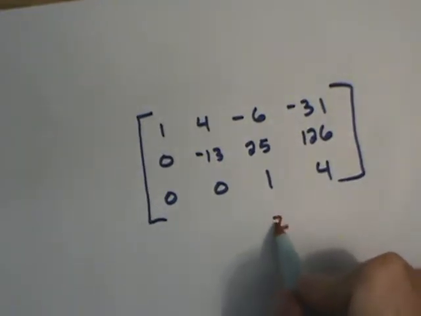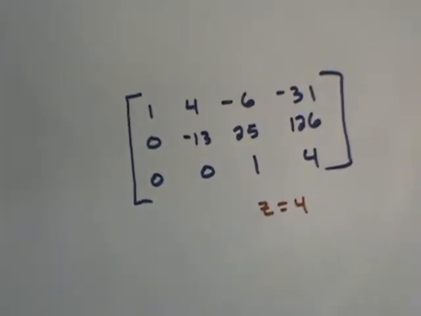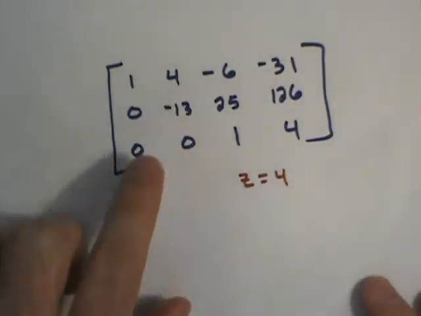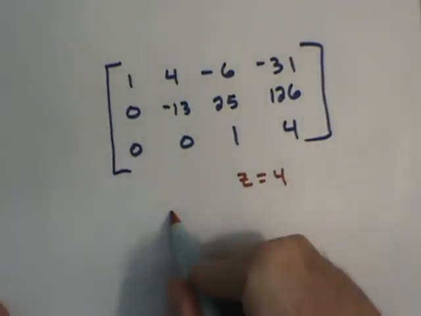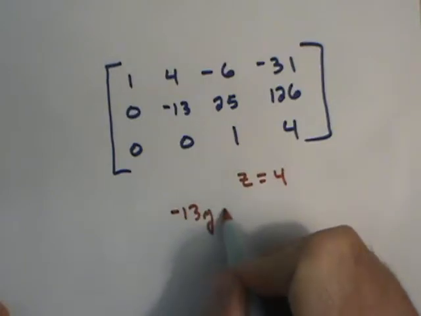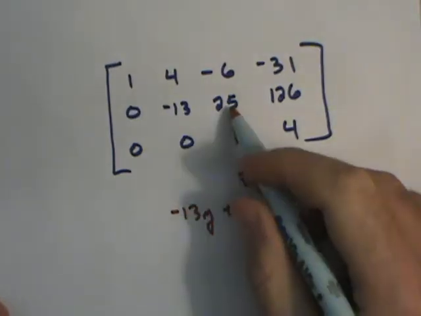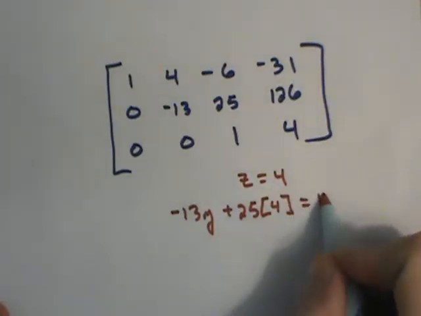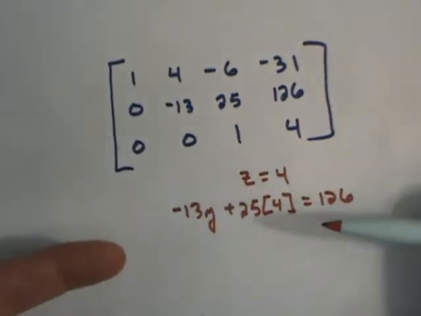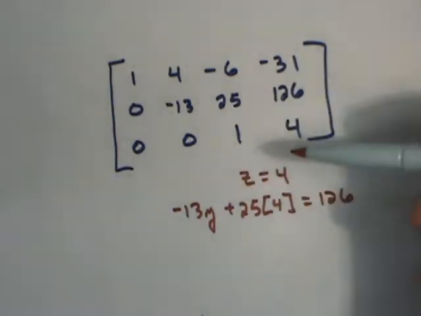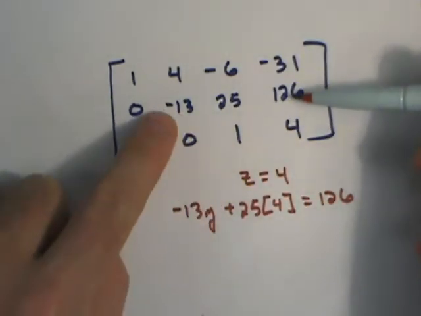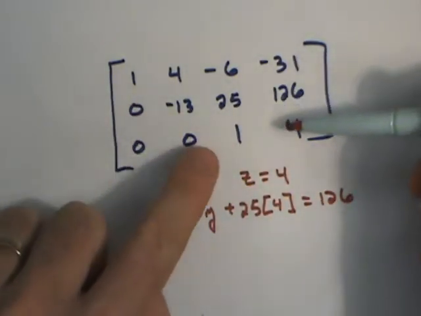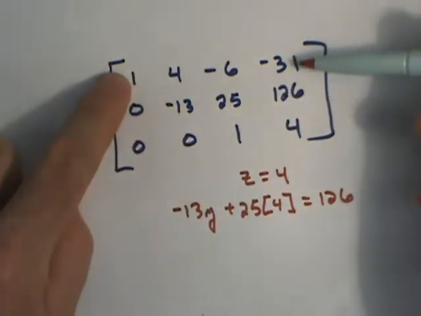I know that z is equal to 4. If I go to this second line, I know that I would have negative 13y plus 25z, but now I know what z is. Z is 4, so I can go 4 there, equals 126. So through a series of substitutions, I'll be able to solve for z, then for y, and then for x.